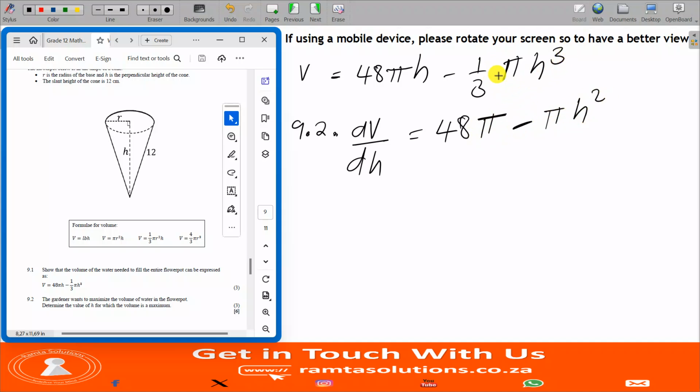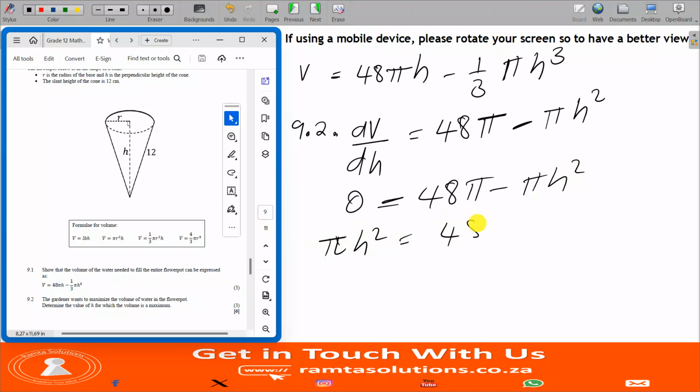Remember, guys, the 3 gets dropped: 1 over 3 times 3 becomes 1. Now this equates to 0. So pi h squared is equal to 48 pi, so h squared is equal to 48. h is equal to the square root of 48.